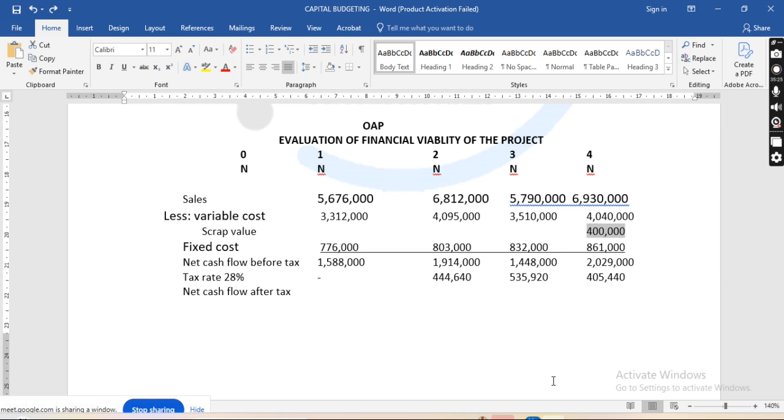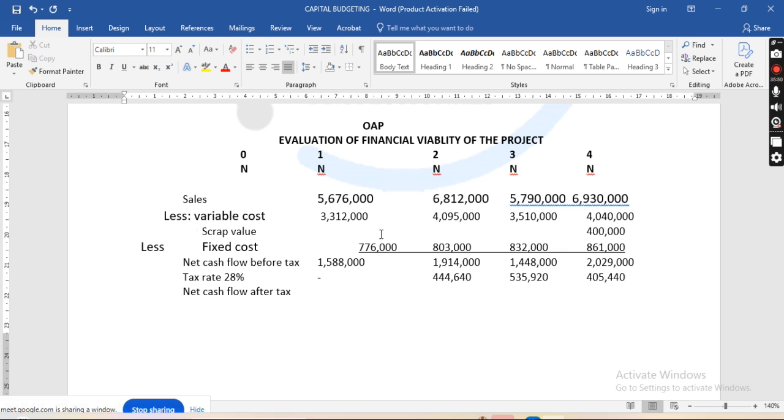That is why it has to be here. Right? Don't forget that this is less this. The scrap value is an addition and not a less. Yes, that is why you can see that there is no less here. Is that not so? It's an addition.